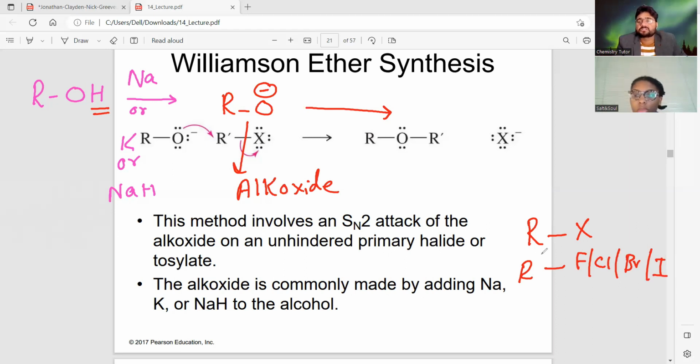I hope you have studied the classification of alkyl halides, like primary alkyl halide, secondary alkyl halide, and tertiary alkyl halide. Can you tell me which alkyl halide this is?